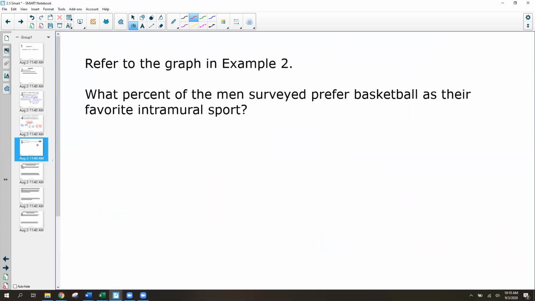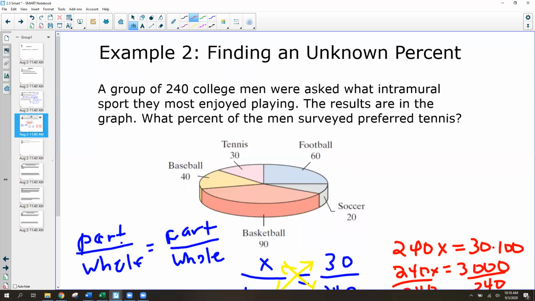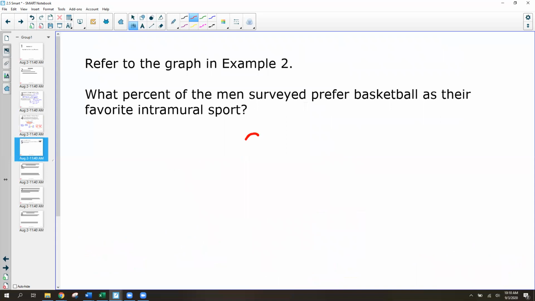All right, what percent of men preferred basketball as their favorite sport? Well, do the same kind of calculation. The other way you can think about this is to think about it as just the part in the whole of the men surveyed. So if you go back, 90 men liked basketball out of 240.